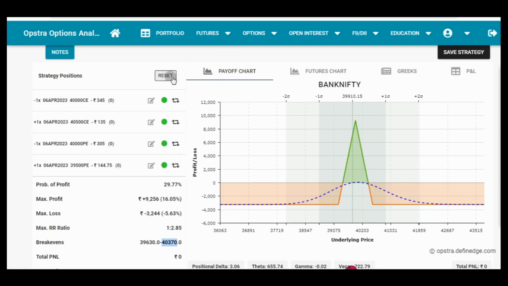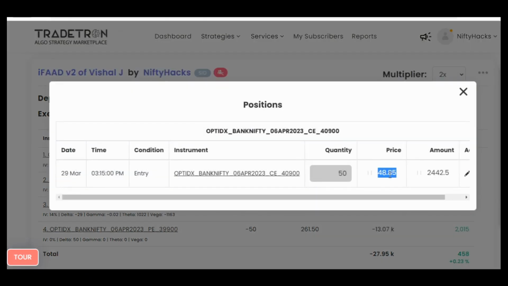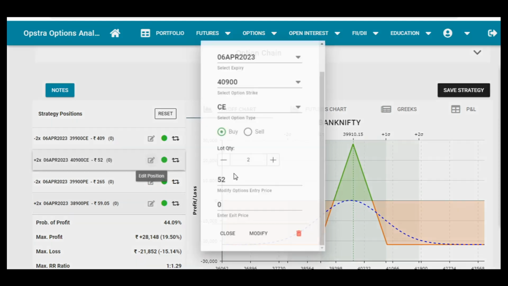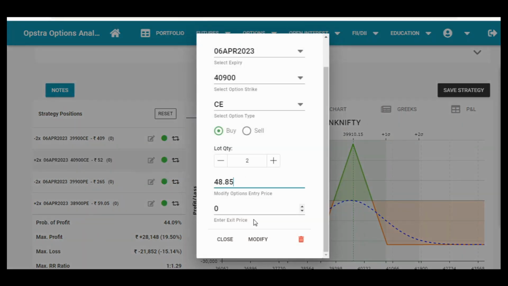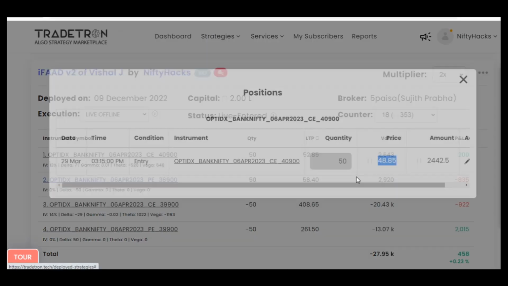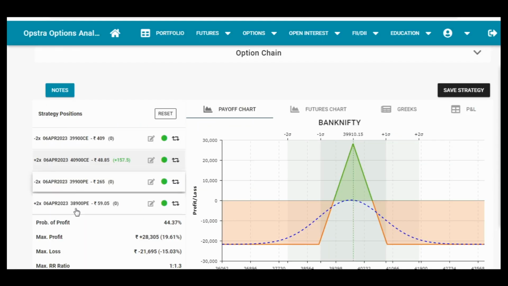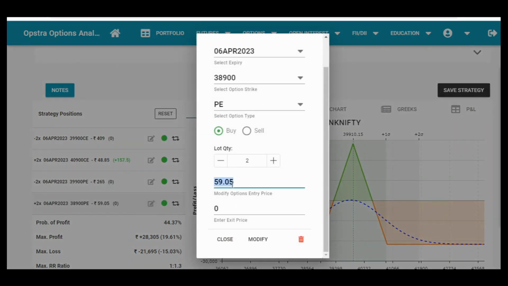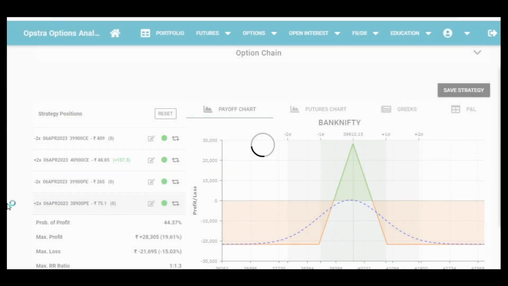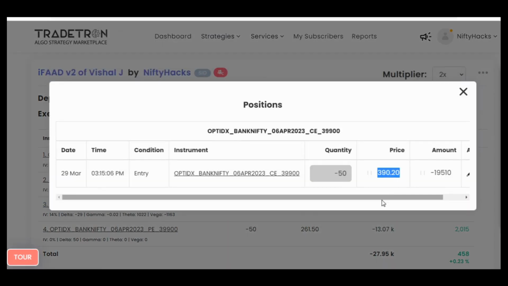Let me make the same here on Opstra. So we have got a hedge of 40,900 call at 48.85, two lots, which we executed yesterday. The 38,900 put we bought at 75.10. The 39,900 call we sold at 390.20.